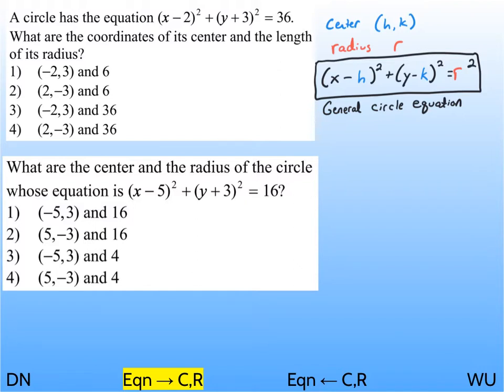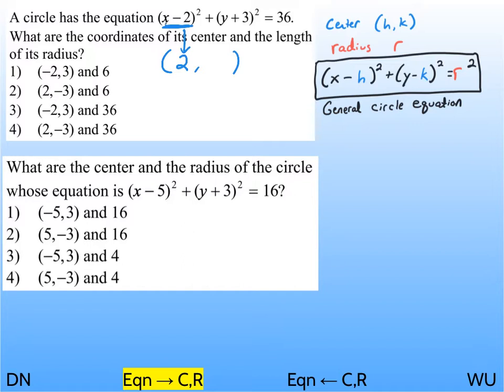Now, 2 important things to note here. First, with this x minus and y minus, what it essentially does to these coordinates of the center is it changes the sign. So if we look at the first equation, up here on the top left, where it has x minus 2, this means that the x coordinate of the center is actually going to be a positive 2.